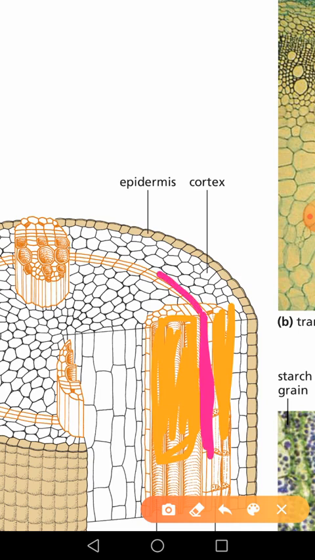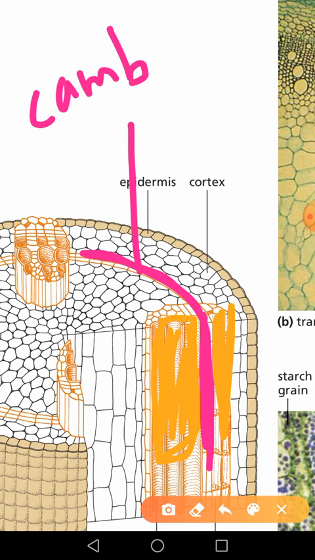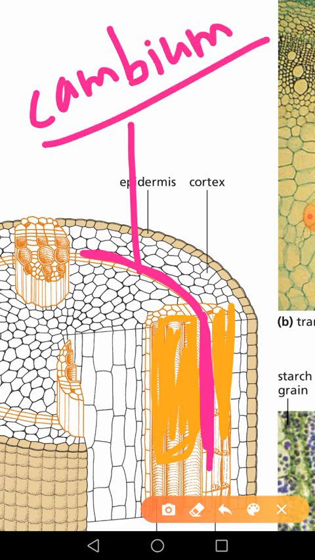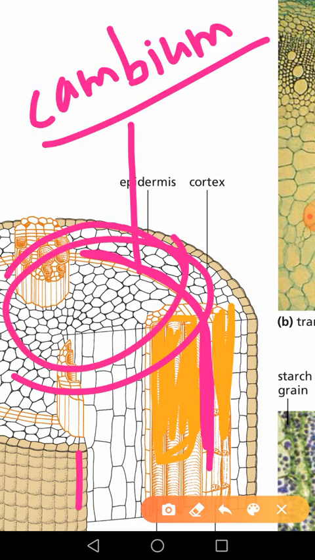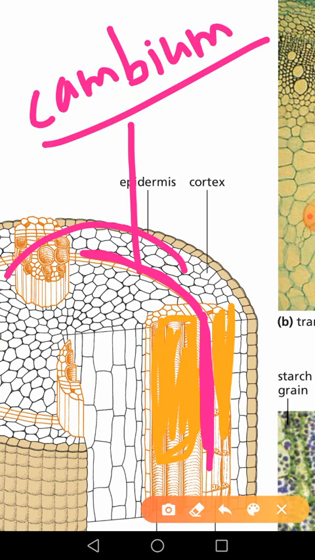Although the name is not mentioned here, we have a layer of cells which we call the cambium. This is the top surface that we are watching, and this is the side view, but that's not a matter. These cells are called the cambium.